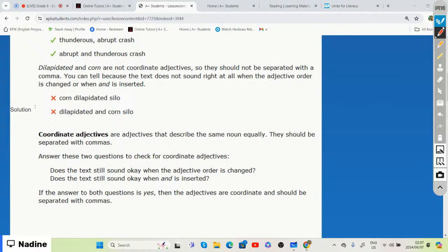Whenever we do this, we either replace the noun or remove the noun, or add "and", and we need to see if it still works. It's almost like a way of testing it. If the answer is yes to both of these questions, then the adjectives are coordinate and should be separated with commas.